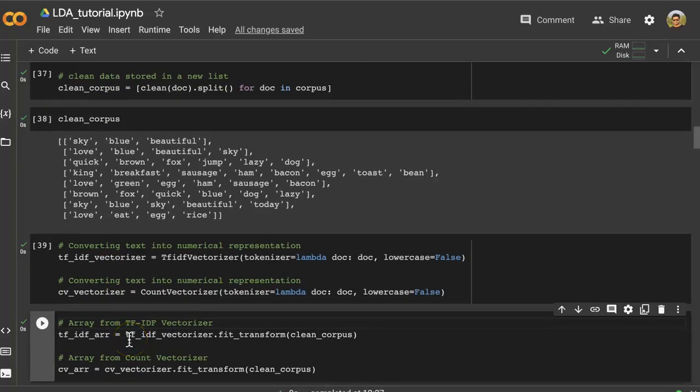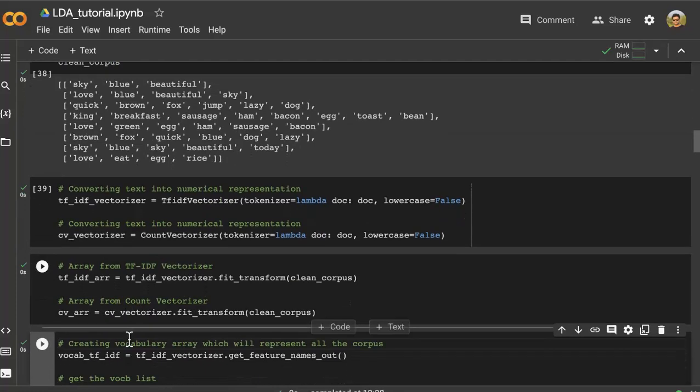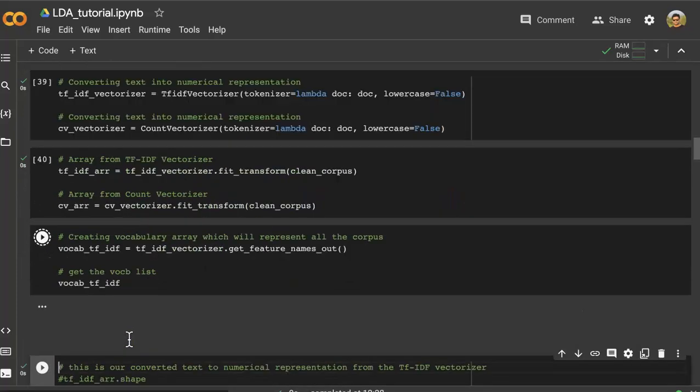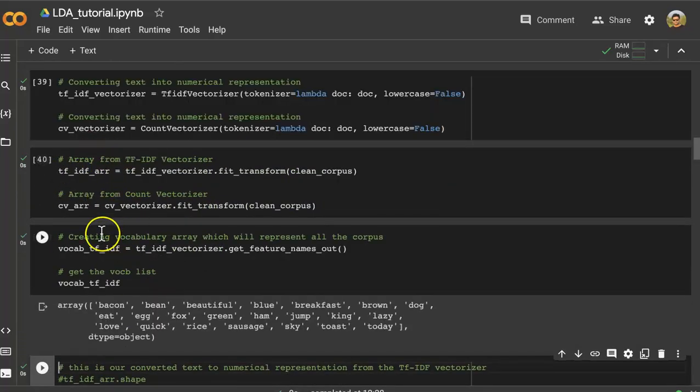Okay, so after passing it to a count vectorizer, you can see. Suppose we are just checking the TF-IDF. So basically what TF-IDF does is transform your actual sentence to a vector of some size.